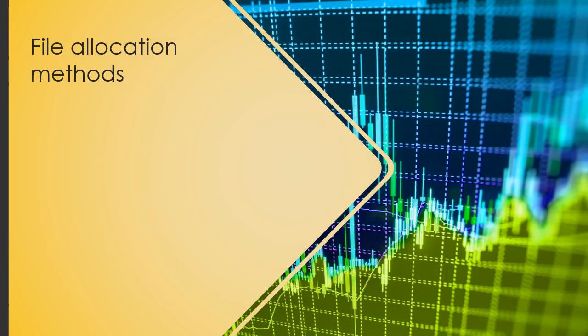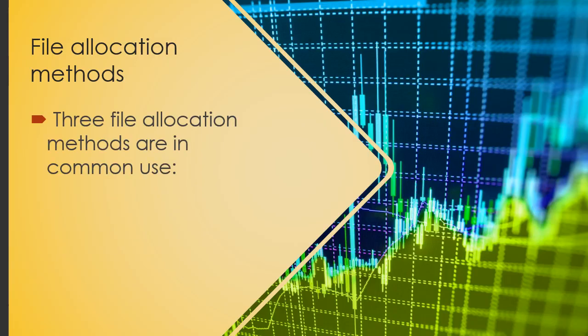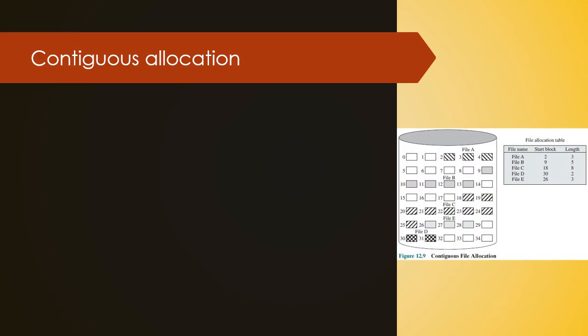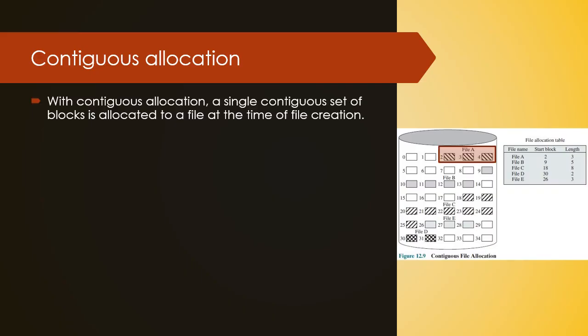File allocation methods. Three file allocation methods are in common use: contiguous, chained, and indexed. Contiguous allocation. With contiguous allocation, a single contiguous set of blocks is allocated to a file at the time of file creation.